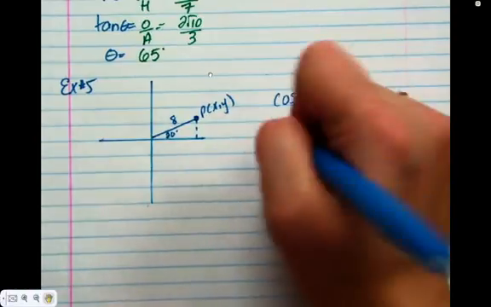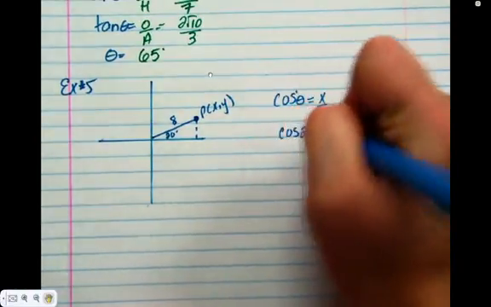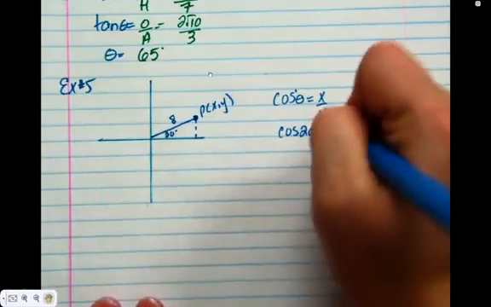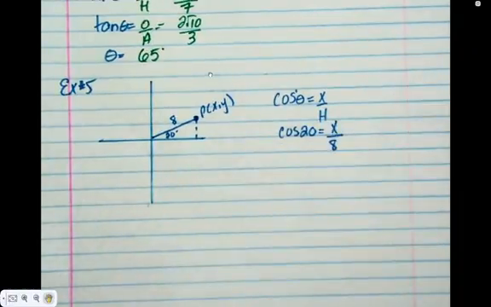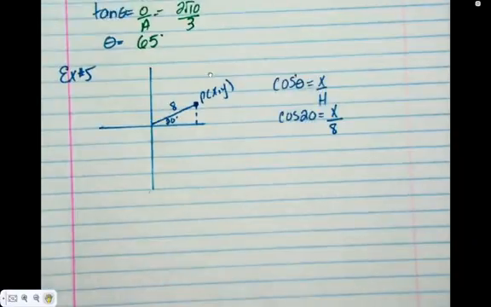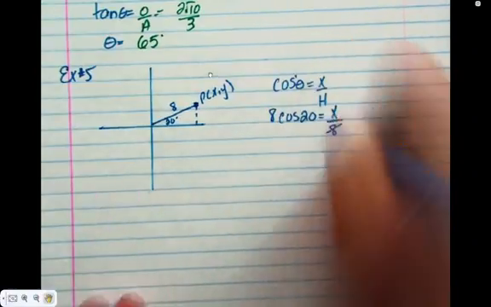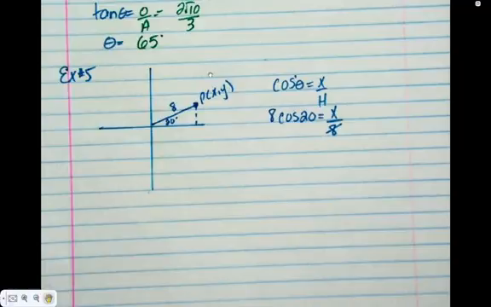I know theta. I know h. What would h be? What am I trying to solve for? Okay. How do we get x by itself? What's the opposite of dividing something by 8? Now what?